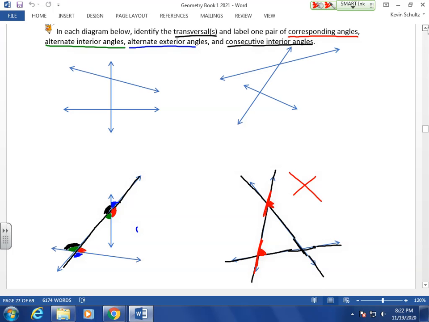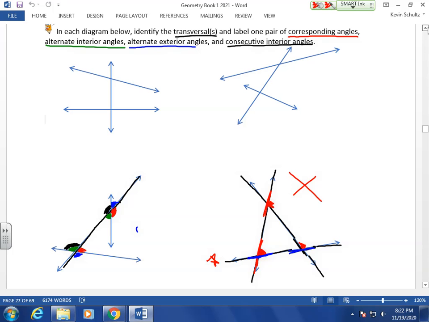start over. But here, if I'm looking at this transversal going across, as I pass through this one, that angle is kind of on that upper left section. Here, as I'm looking horizontally, so ignore the top part of the diagram, as I come through here, this would be the corresponding angle.